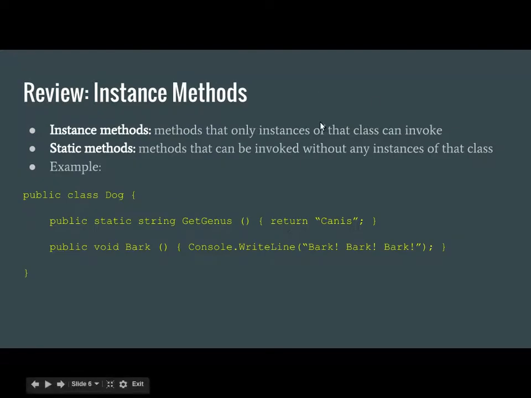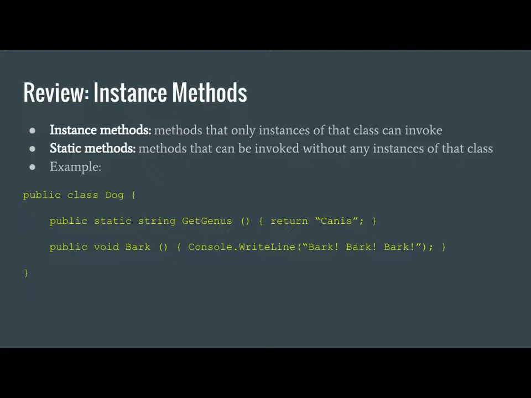Another important part of a class is the instance method. Like instance variables, instance methods are associated with instances of the class instead of the class. So only instances of that class can invoke an instance method.